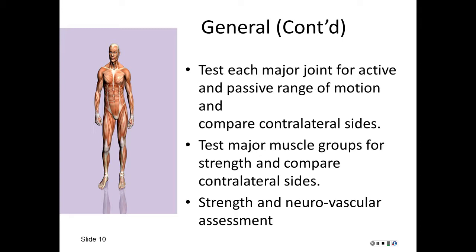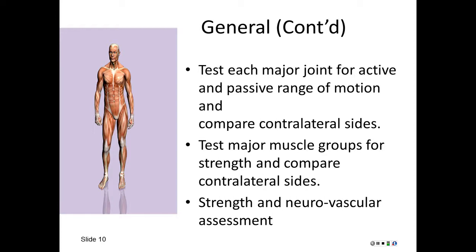You want to test each major joint for active and passive range of motion, realizing that active range of motion will be about 5 to 10% less than your passive range of motion.